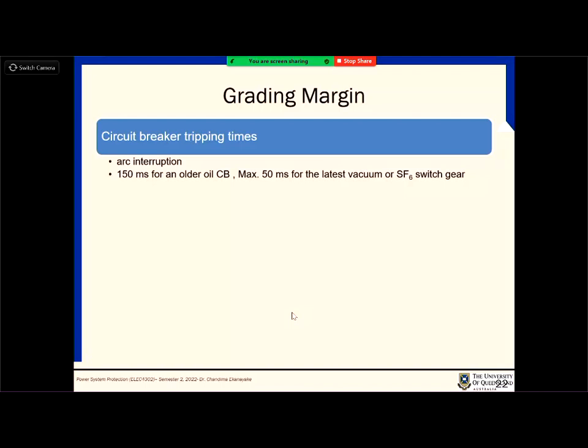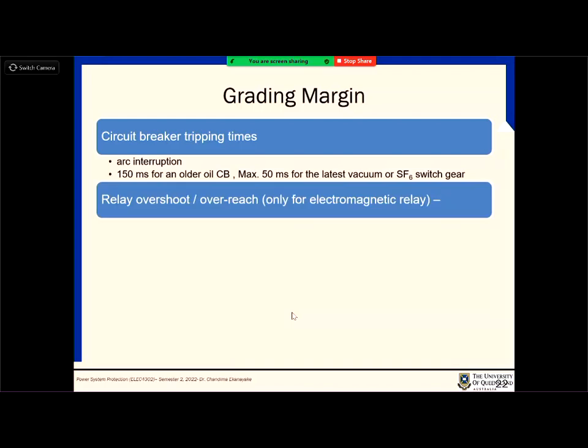So with the technology, the operating time became faster and faster, right? And even 50 milliseconds is the max. It depends on the arc interruption process. And then relay overshoot. Typically this is for mechanical relays, right? Overshoot means that the disk can go a little bit further than what is required, right?